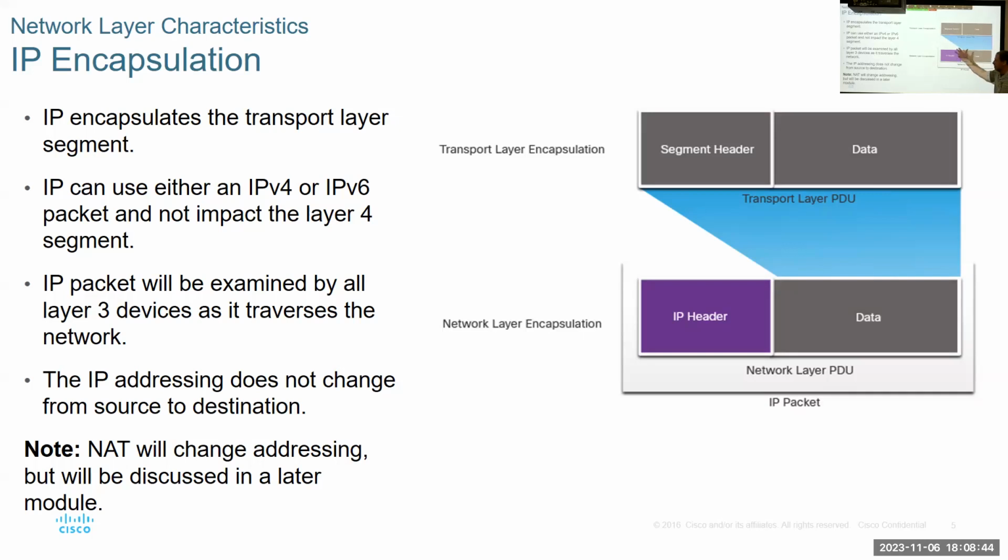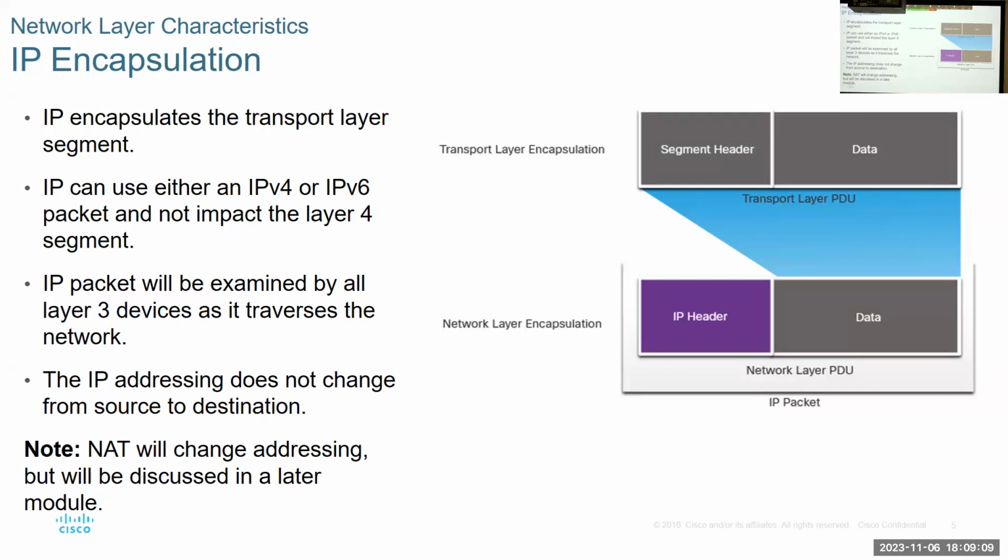IPv6 really accounts for all the shortcomings of IPv4, not just address space, but there is no IPv6 NAT. There's no need for it. Security is built in to IPv6.